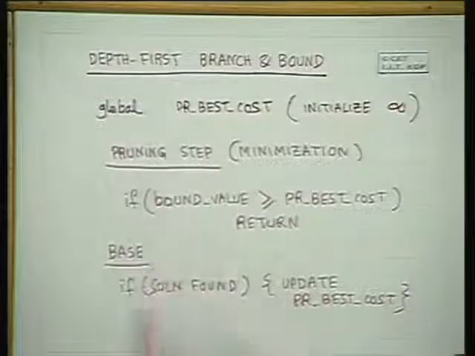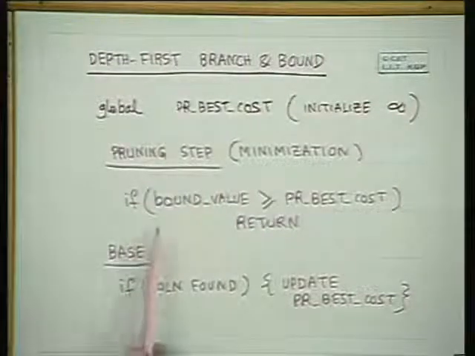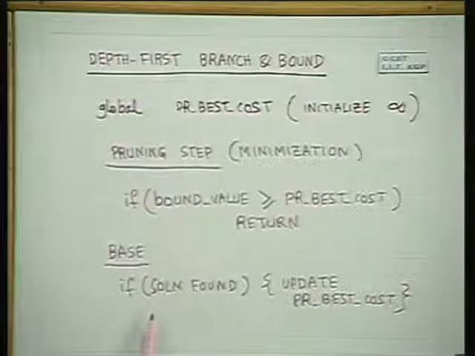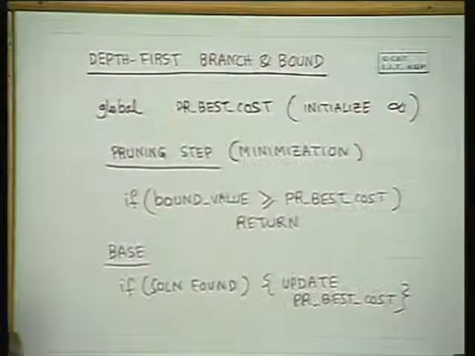So these are the two additional things that you do in the initial recursive definition. And once you do these two additional things, you are sure to reduce your search to a large extent.